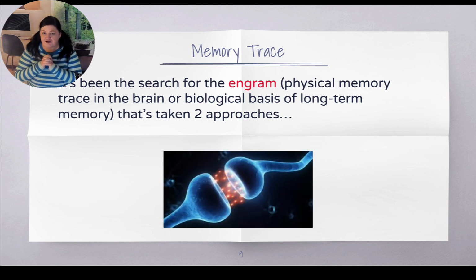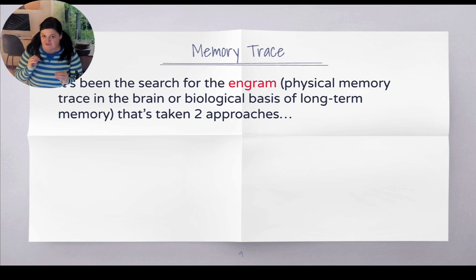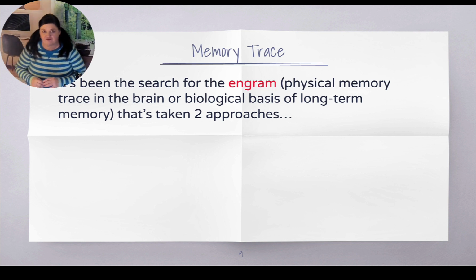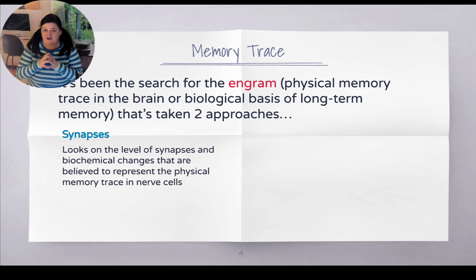And so the idea here is that through these synapses, we can find the physical memory trace within the nerve cells, right? Remember, a neuron is just a nerve cell. And when they're connecting to each other, right, there's this matter in between, these little crumbs, right? This chemical, electrical neurotransmitters. Okay?